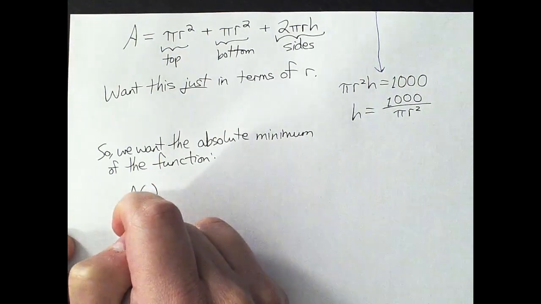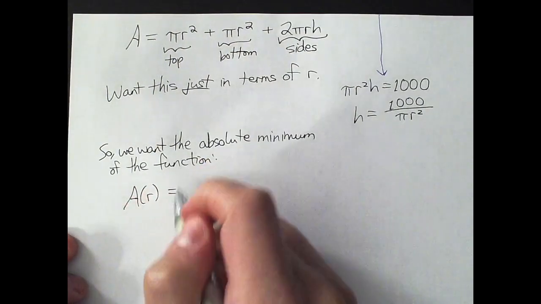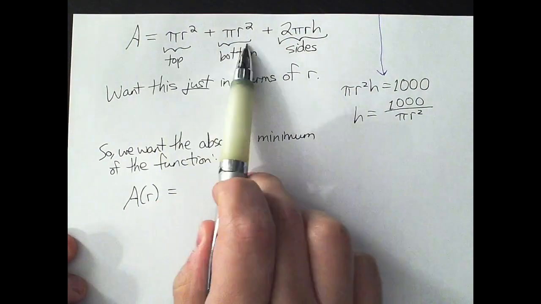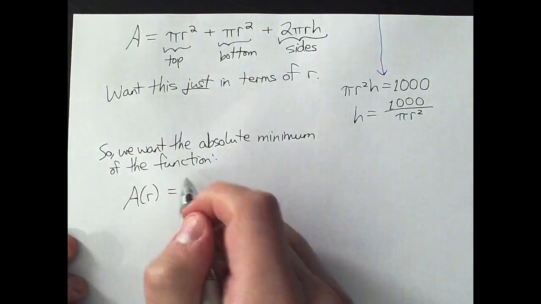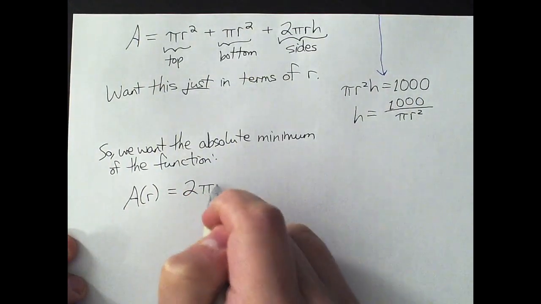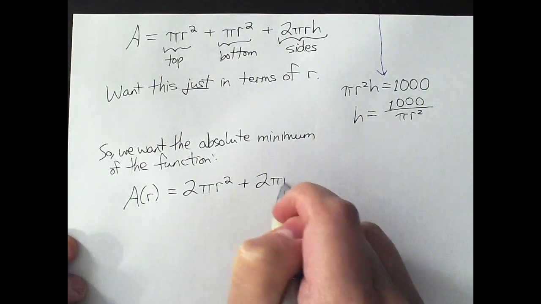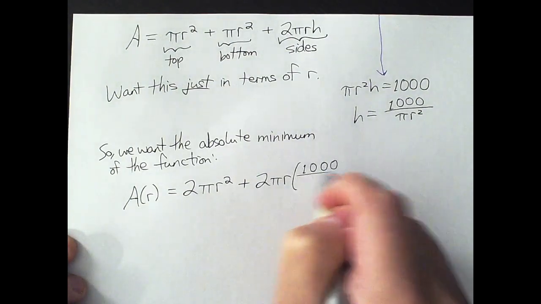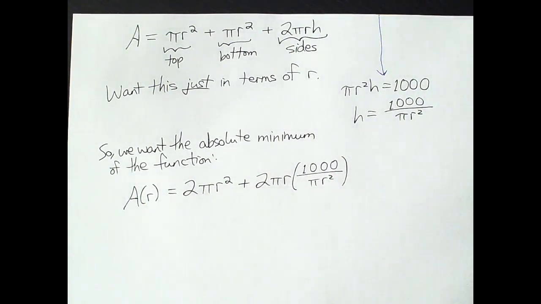So I'm going to write A of r. Remember, this is not A times r. This is A of r, like when you do f of x. It's that kind of notation. And we could write it as, well, when you add the top and bottom together, pi r squared plus pi r squared is 2 pi r squared, plus 2 pi r times this thing that we just found for h. That's the function that we want to minimize.